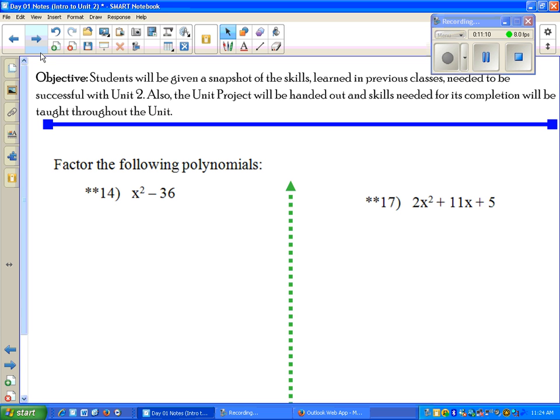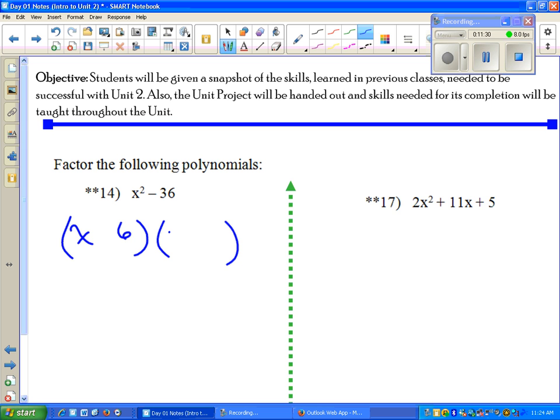Is x squared a perfect square? Yes, what? X. Is 36 a perfect square? What? 6. Is it subtraction in the middle? Yes. Therefore, this is my answer.